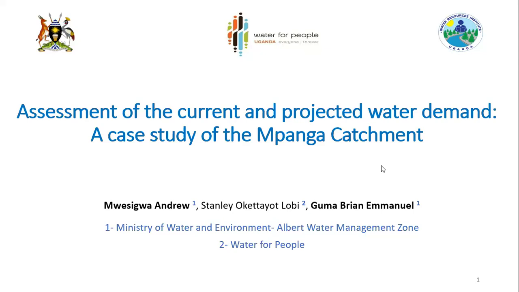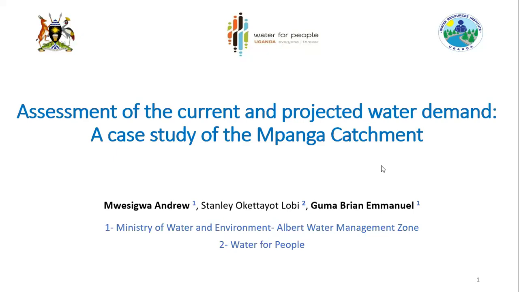And then Mr. Nathan raised some questions, more specifically on what the ministry is doing within the Mpanga Catchment. I would like to give you assurance that the ministry has done quite a lot within the Mpanga Catchment. First of all, we developed a catchment management plan that mapped out hotspot areas and proposed remedial catchment management measures.